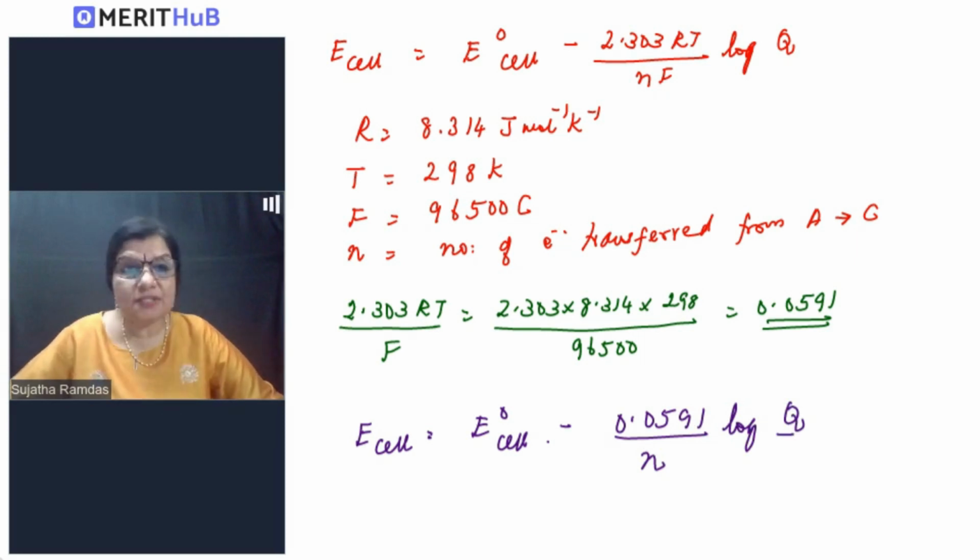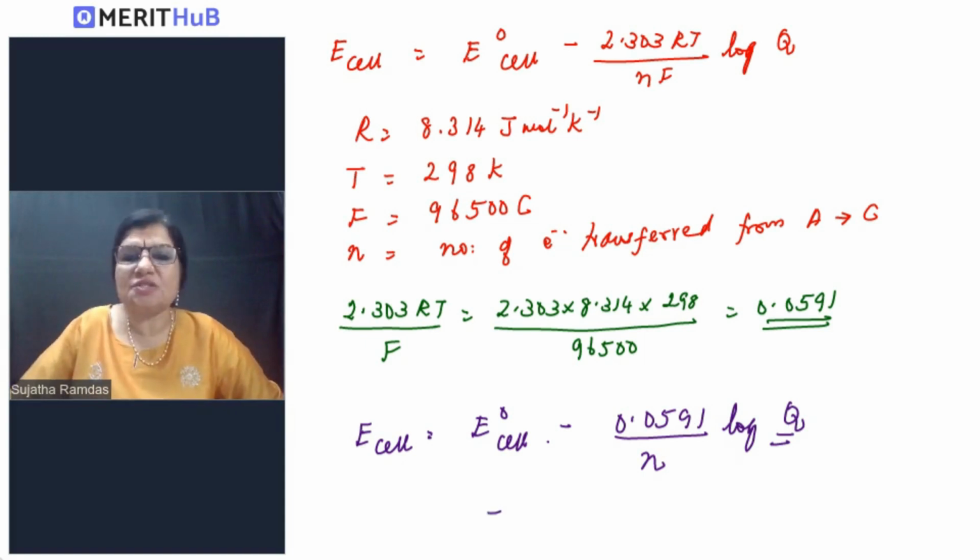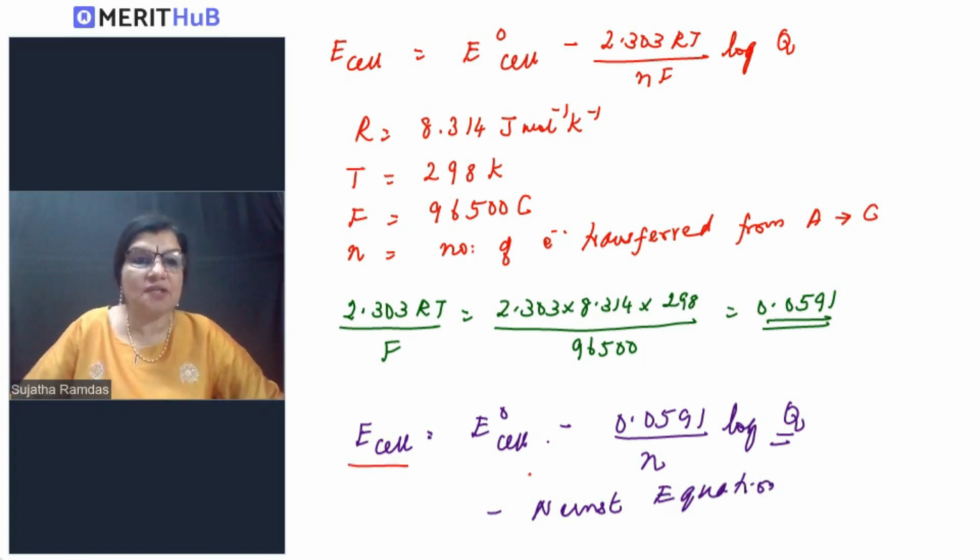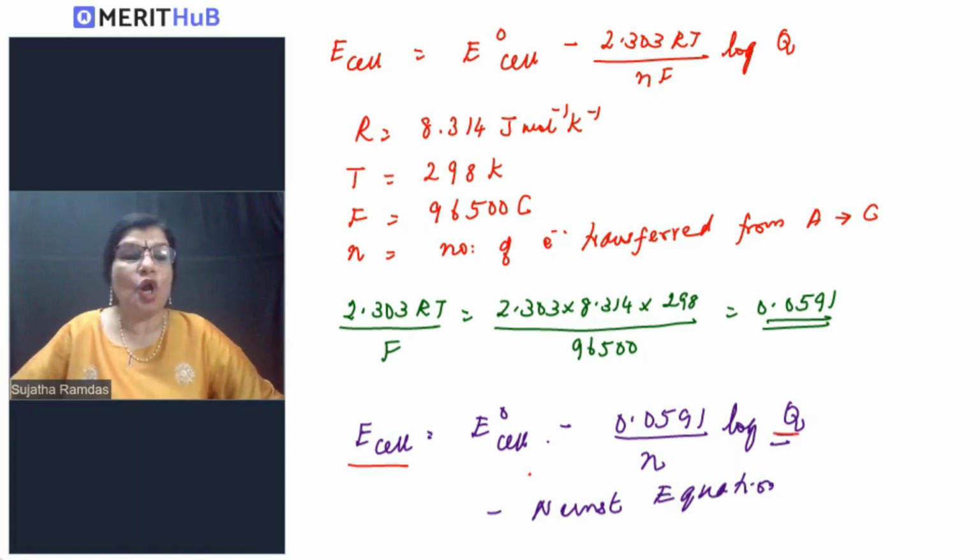Okay, and what is Q? How do we represent Q? We will do an example to understand that better. This is what is referred to as the Nernst equation. This is the mathematical statement relating the cell potential under non-standard conditions and concentration.